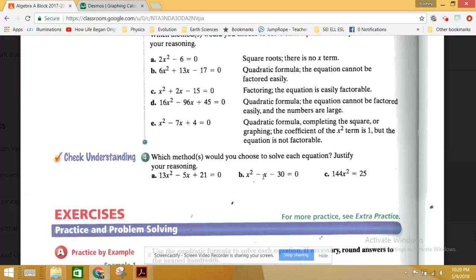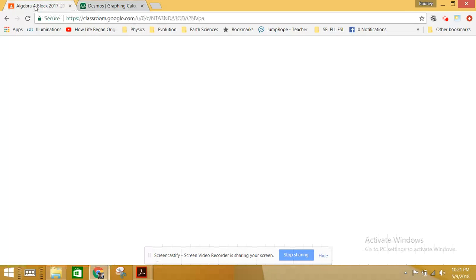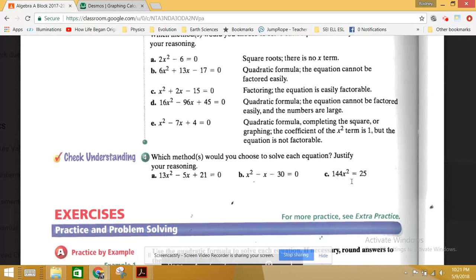A is 1, b is negative 1. So our vertex is going to be at negative b over 2a. So that's the negative of negative 1 is 1, over 2 times 1. So that's 1/2, and that is in fact the x value. Then you plug in 0.5 to the whole equation, and you get negative 30.25.